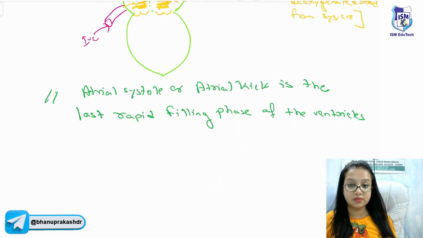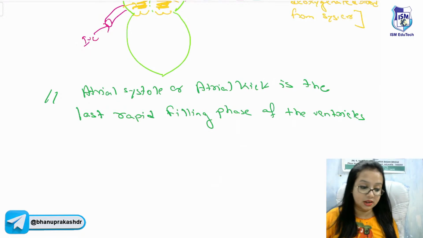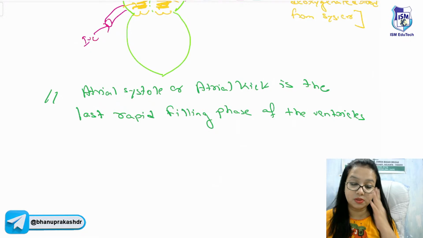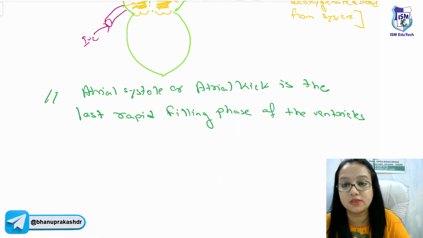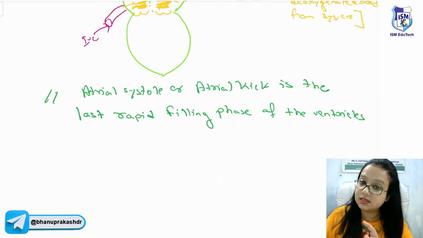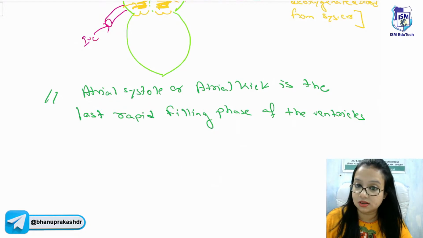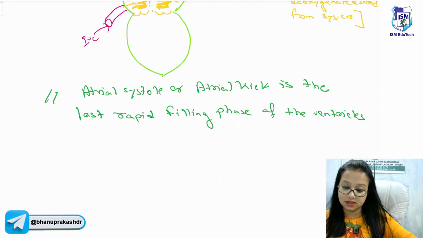Only when there is active contraction of the atria, the ventricles get filled by an additional 20 to 25 ml of blood, and that is the systole of the atria. So these are the stages that we discussed.